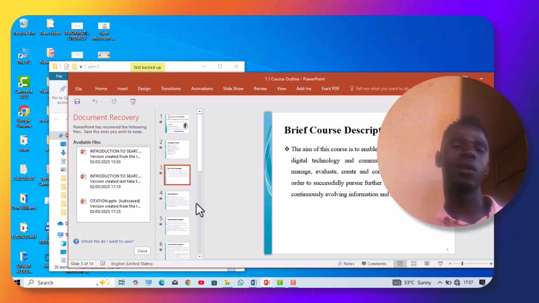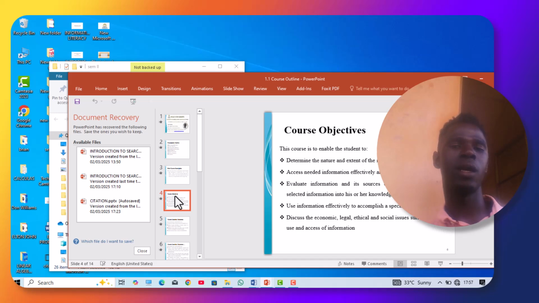So when we learn how to do this, we are going to get into details about other things that can enforce our own understanding, our presentations, and among others. With that, the course objectives.